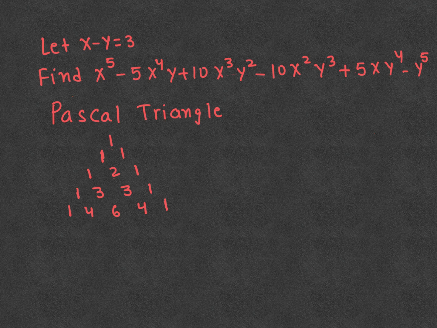Do this process one more time. You're going to get 1 here. The middle two terms will give me 5. Then again 4 plus 6 is 10. 6 plus 4 again 10. 4 plus 1 gives 5. And then move the 1 to the end.